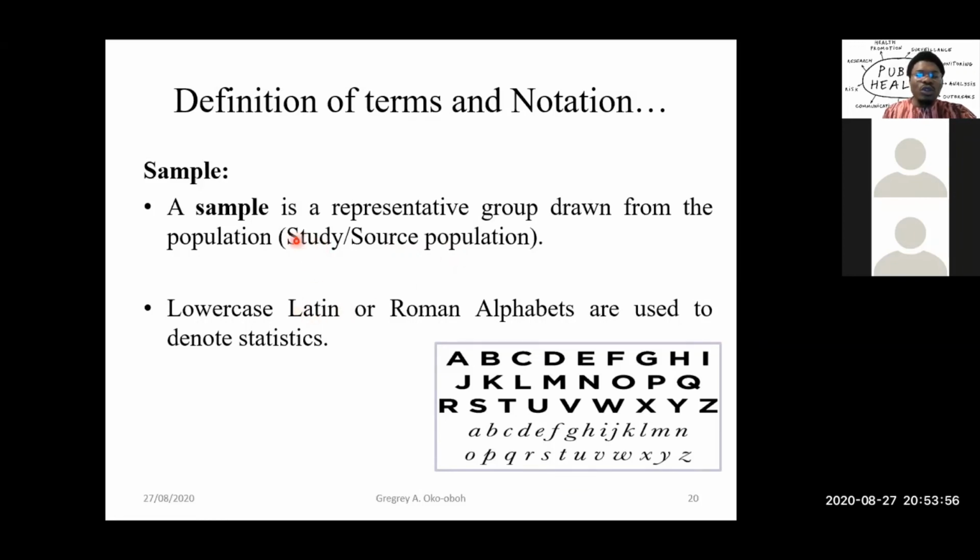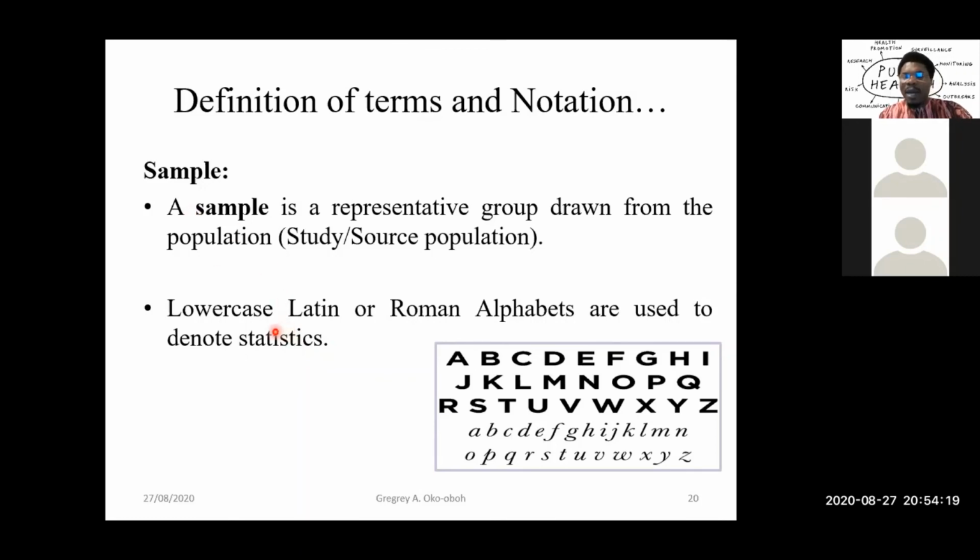Now, you should be familiar with what samples are. We've said this over and over again. It's a subset of a population. Now, we use lowercase Latin or Roman alphabets to denote statistics gotten from a sample.